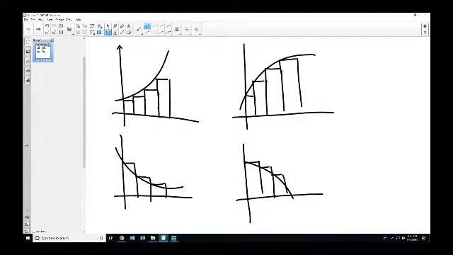Okay. Those are the 4 left Riemann sums you need to see to be able to figure out over and underestimates. So go ahead and write them down.